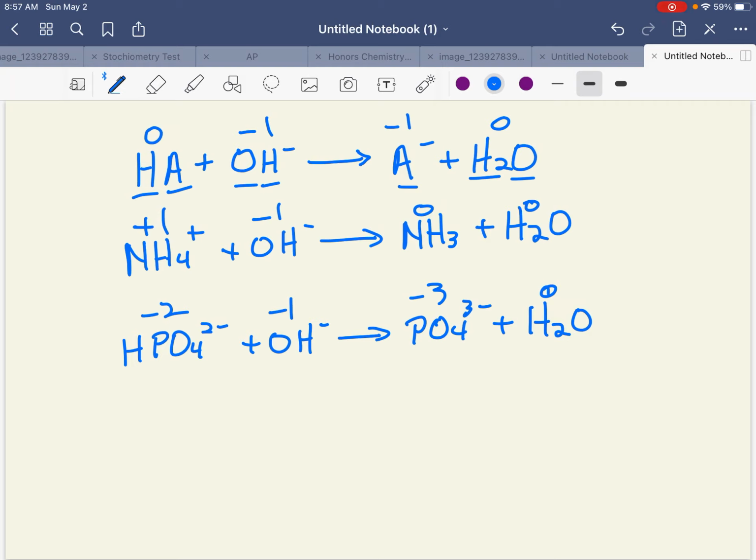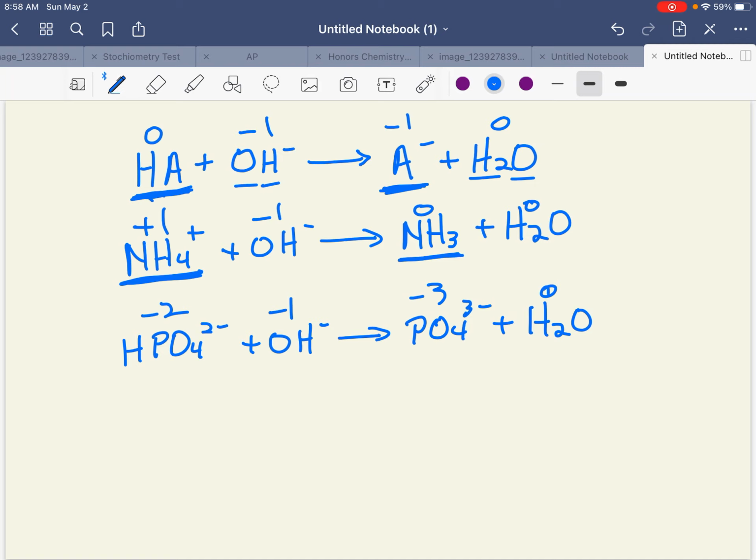Also, one more thing to point out. Notice that the conjugate bases always have a charge that is one lower than the weak acid they came from. So if I have a weak acid that is neutral, charge of 0, like HA, my conjugate base has a -1 charge. If I have a weak acid that has a +1 charge, like ammonium, the conjugate base is neutral, 1 less than +1, 0.